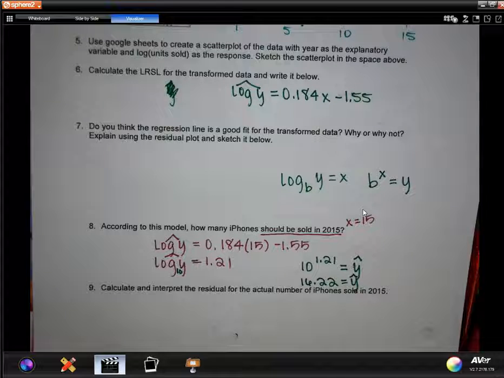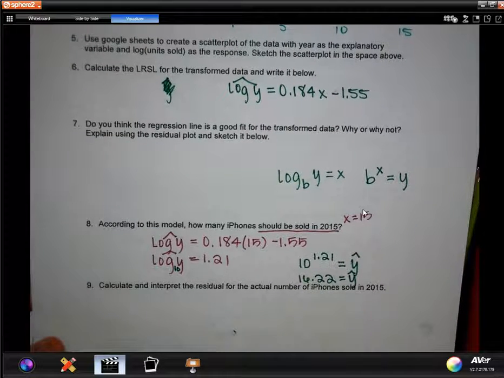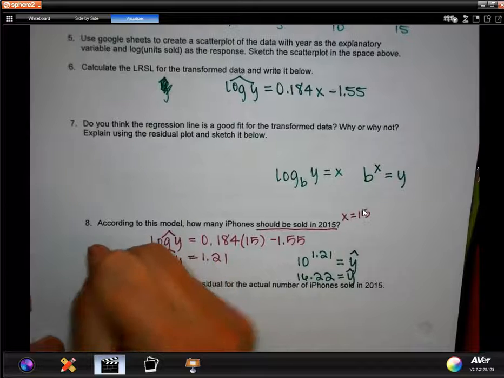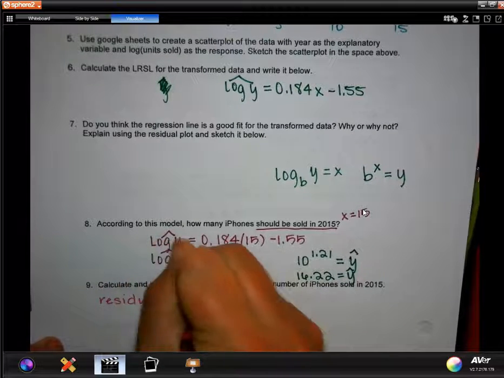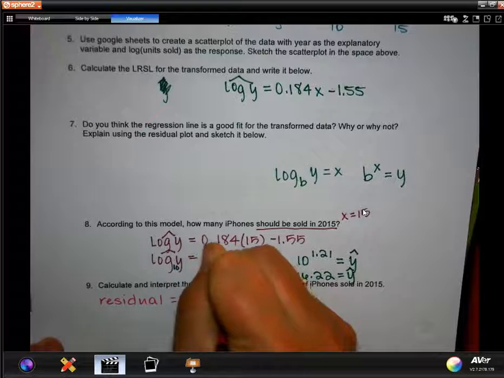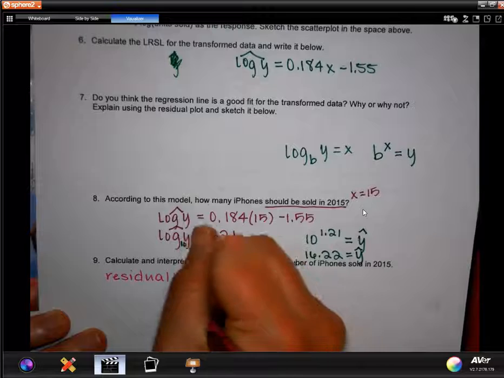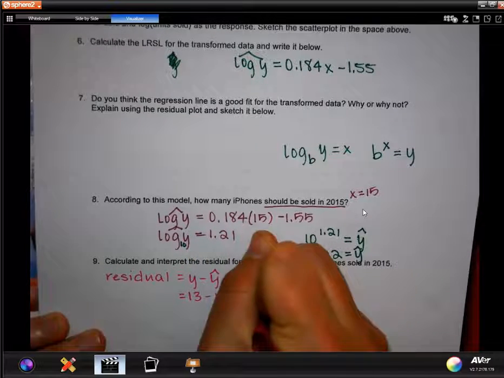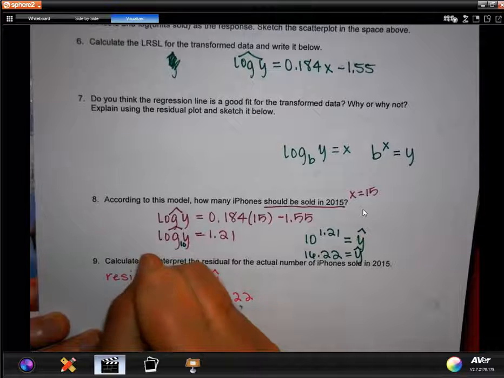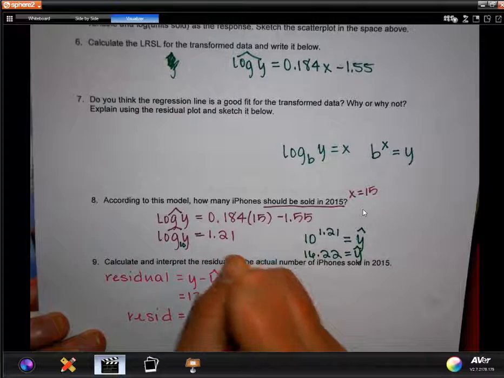So then the last thing is to find the residual and interpret it for iPhones sold in 2015. Remember, residuals are your actual minus your predicted. Our actual was 13. Predicted is 16.22. So our residual would be negative 3.22.